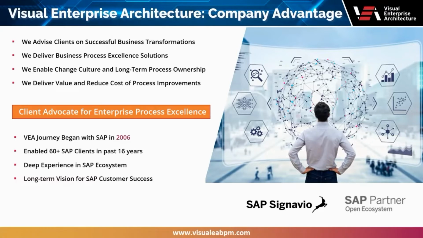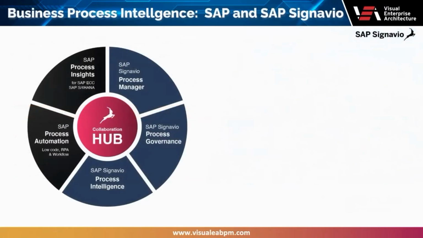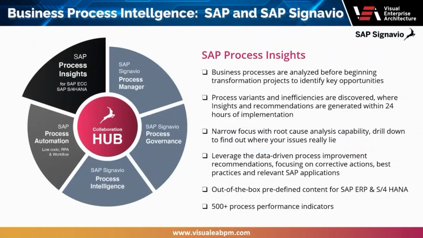This journey to customer success usually begins by fully understanding the business process intelligence solutions from SAP and SAP Signavio. In a best case scenario, you should begin your journey with SAP Process Insights. This allows you to fully understand your existing configuration and implementation of business processes so that you can analyze key opportunities for improvement before you begin your transformation project.